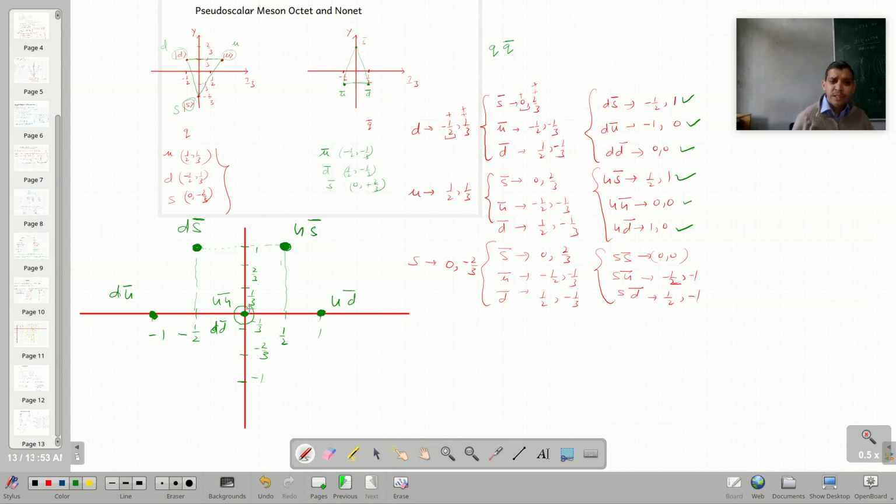Now ss bar is also lying at the same position, so let us represent it by ss bar, and su bar, it is minus 1 by 2 and this one, so su bar is basically this point. And similarly, this point is basically st bar.